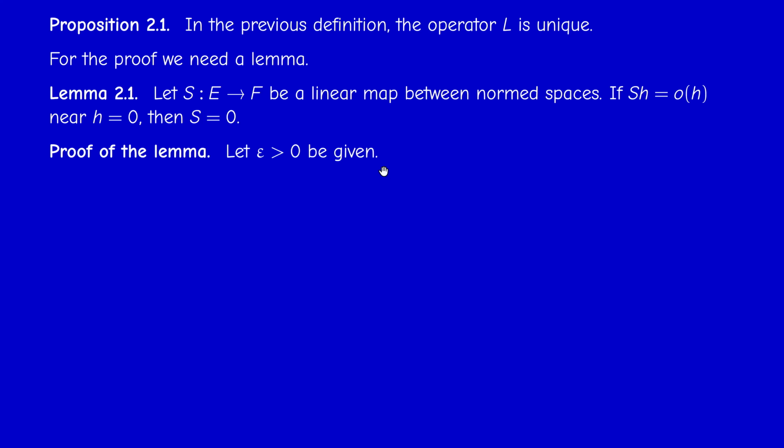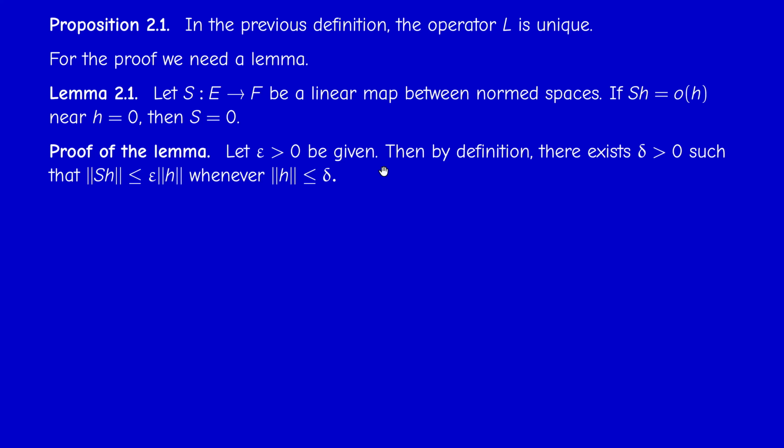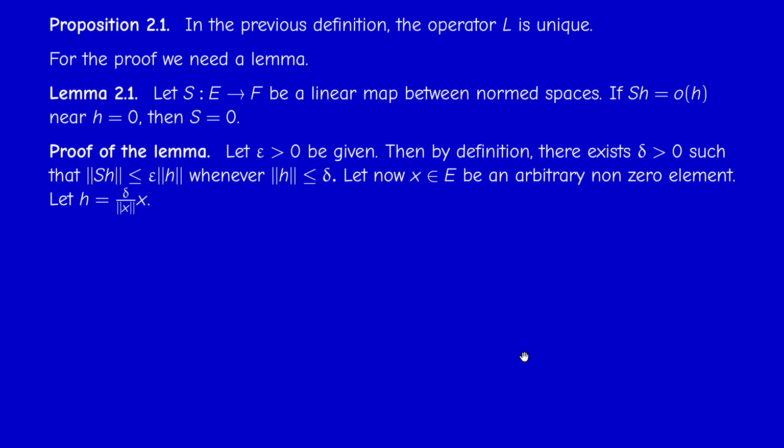So let us prove the lemma first. Let epsilon be a positive arbitrary given number. Now, this condition precisely means that you can find delta such that norm of S of H is less than epsilon norm of H, or the ratio is less than epsilon, same thing, provided norm of H is small enough, less than delta.